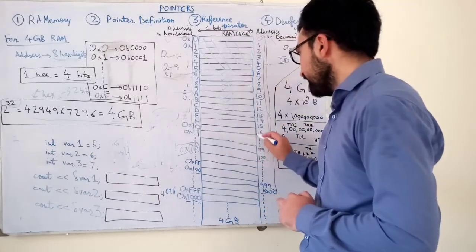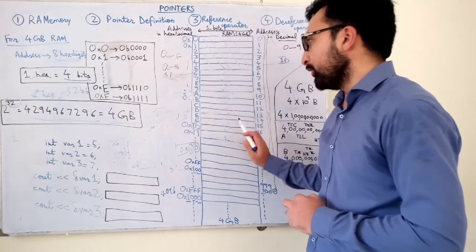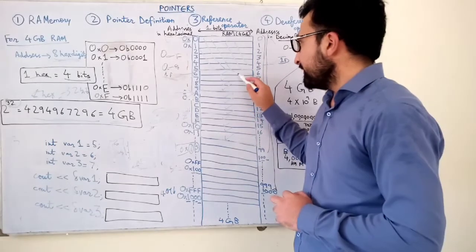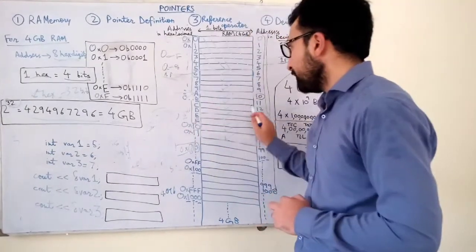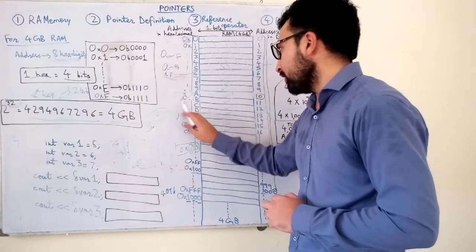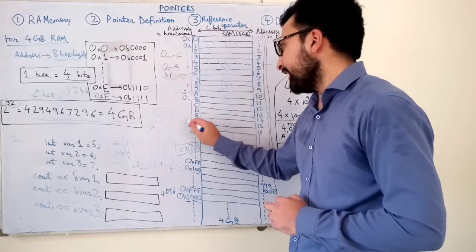It will be stored here, 1, 2, 3 and 4. It will be stored here. So this is basically the box of VR1, this is basically the box of VR2, and this is basically the box of VR3. They are stored here.